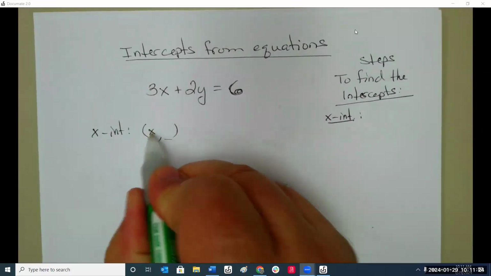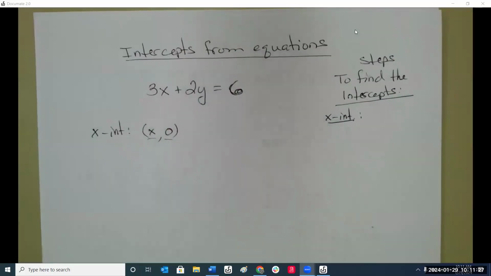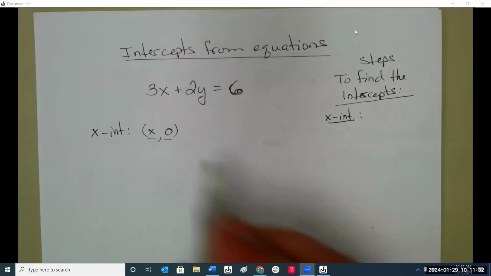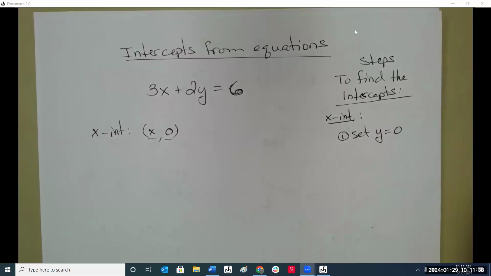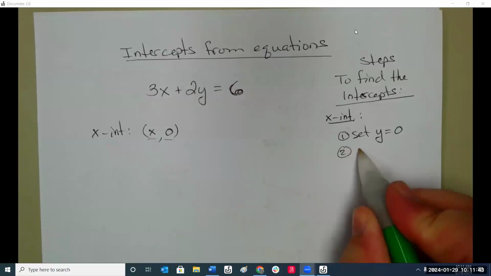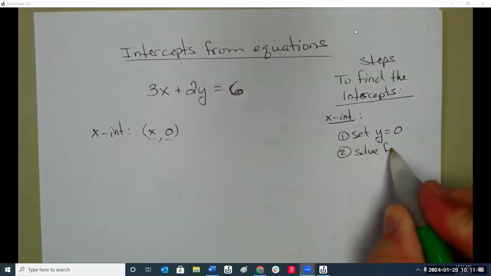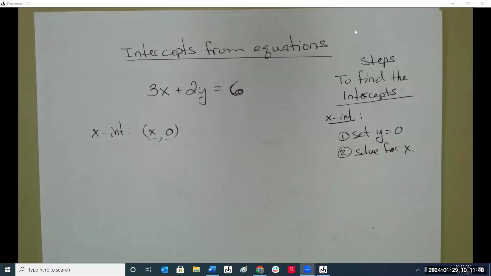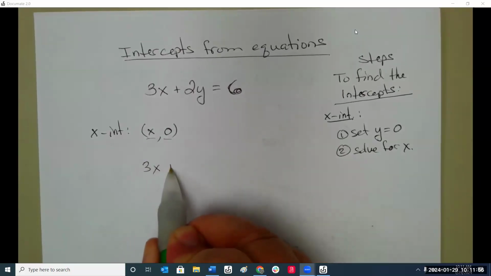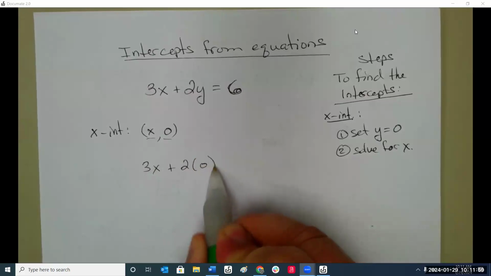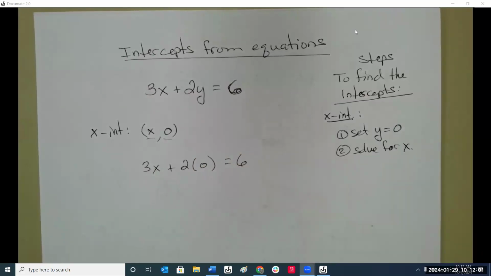The x-intercept is some value x, 0. So the only thing we know for sure is what is y equal? 0. So the first thing we do is set y equals 0. Get rid of the y value, and then solve for x. So we have 3x plus 2 times 0 equals 6.